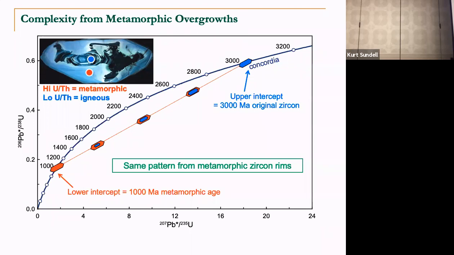Low uranium thorium are indicative of igneous zircon. This is a really good quick and dirty way to fingerprint your zircons because you're already going to be measuring those uranium and thorium ratios when you're getting your uranium lead ages. So this will come with any data set you collect anyway. This is kind of a cursory way to QC your data.